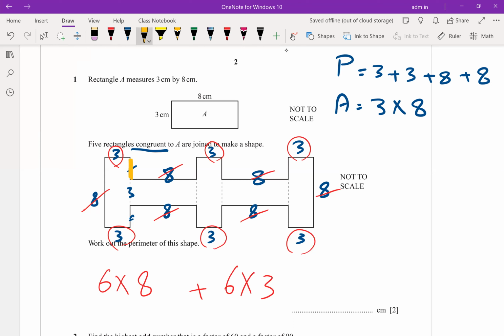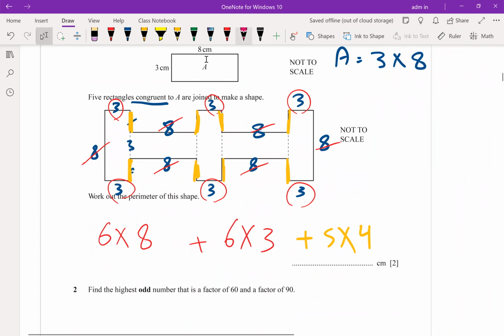This part and this part, their sum together will be 5. And these parts are 5 as well. So how many 5s? 1, 2, 3, 4, right? Find the total sum. 6 times 8 is 48. 6 times 3 is 18. 5 times 4 is 20.